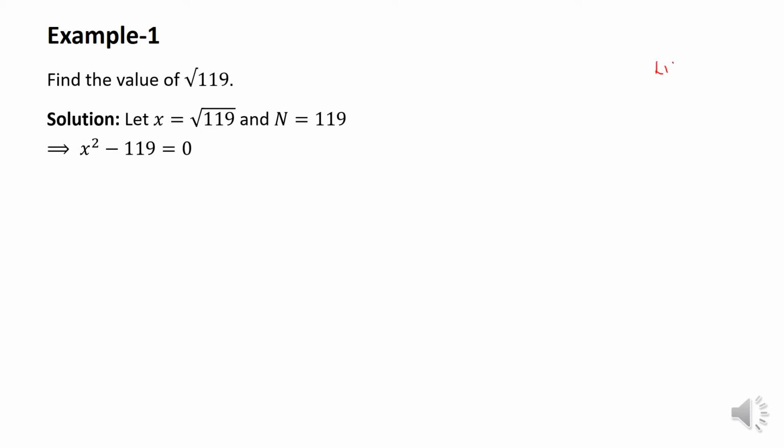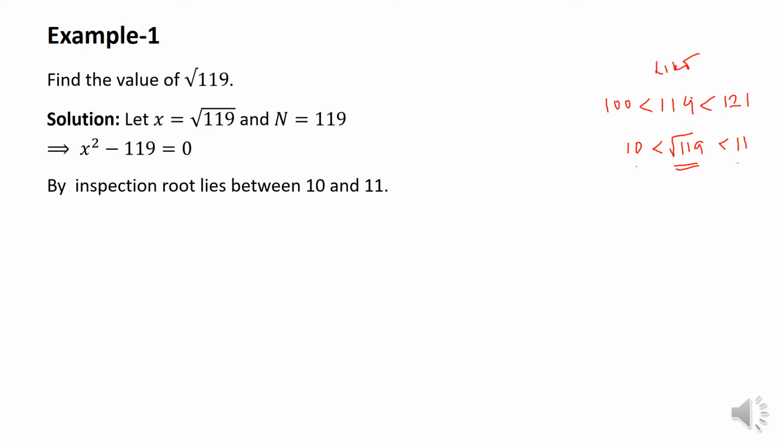As we know that 119 lies in between 100 and 121. Taking root on both sides, I can write this as 10 is less than square root of 119 is less than 11. That means I can conclude that square root of 119 lies in between 10 and 11. That is, by inspection, the root lies in between 10 and 11.